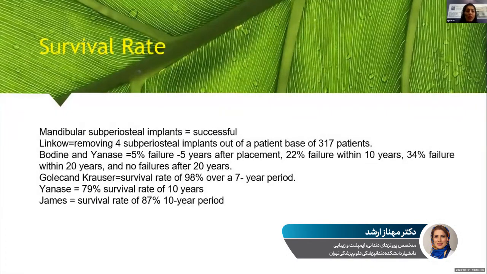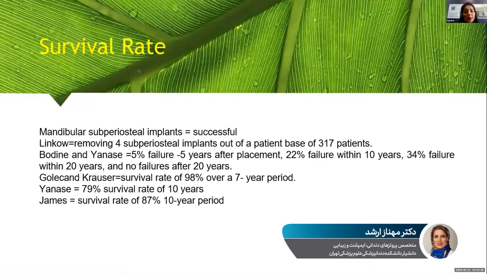So the subperiosteal implant is another way that can take the place of these procedures. I have done this procedure for about 5 years, so I can talk about the survival rate over 5 years.